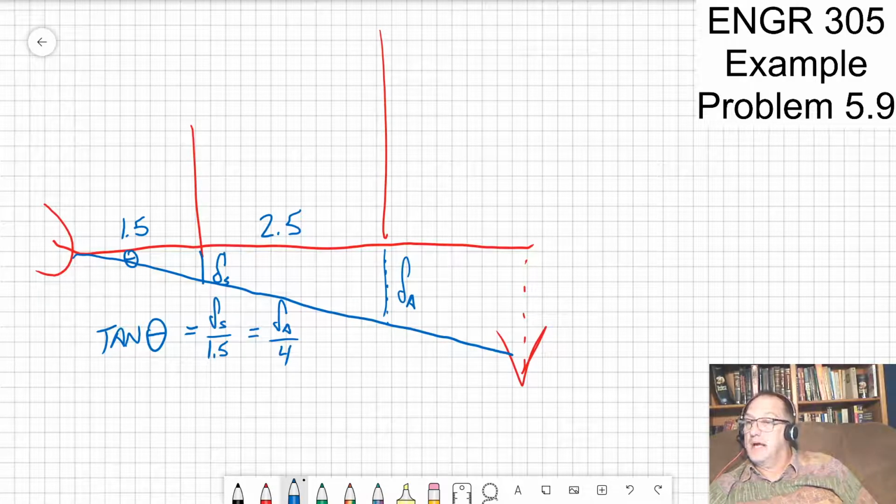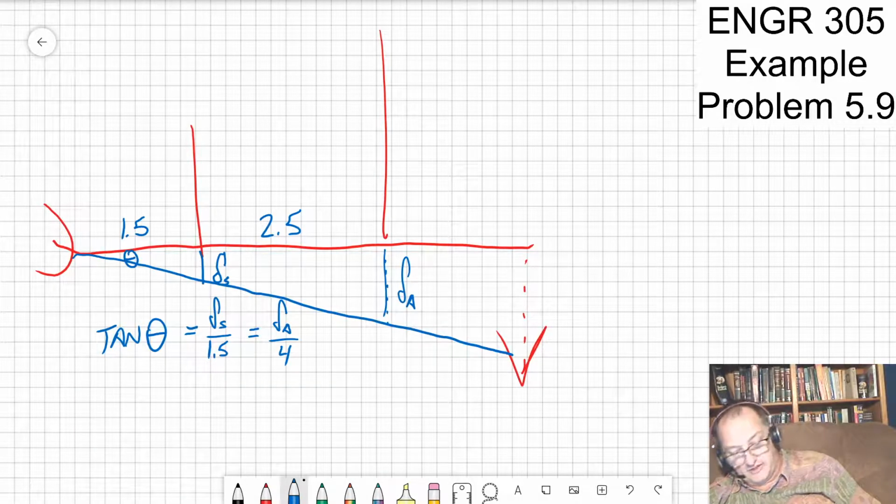And that's how I'm putting together the relationship between the deflection of one and the deflection of the other. So there's my equation right there.